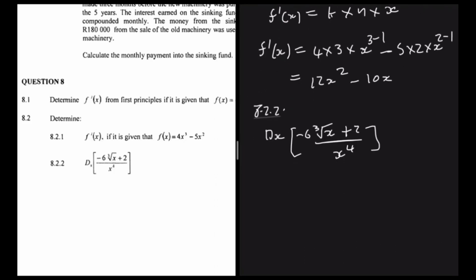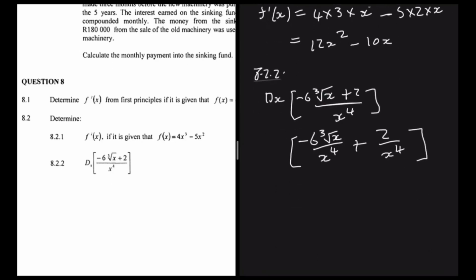So if you do that, you're going to have minus 6, that term there, divided by x to the power of 4, plus 2 divided by x to the power of 4. Now we want the x to the power of 4 in the denominator to multiply the numerator, right? So that it can be in standard format and easy to solve.